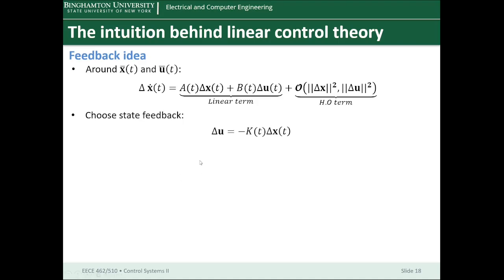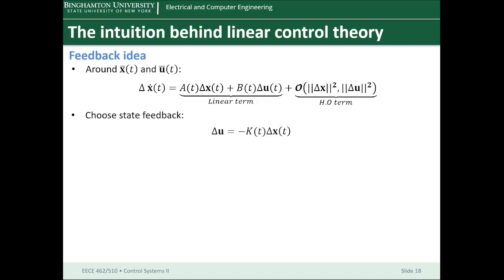Suppose we choose a feedback. For example, u is equal to minus k of t delta x of t. With this feedback, we link the input and the state through a linear relation. Then, when delta x is equal to 0, u equals 0. With this relation, we could satisfy one of the constraints of our stability.